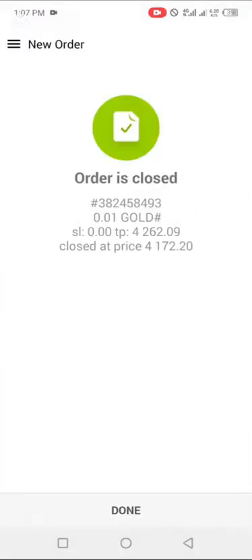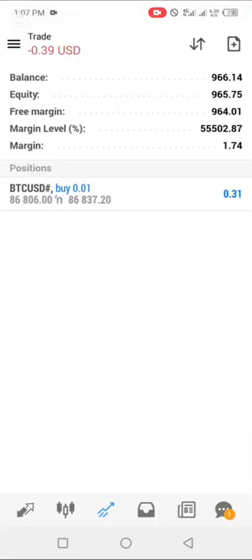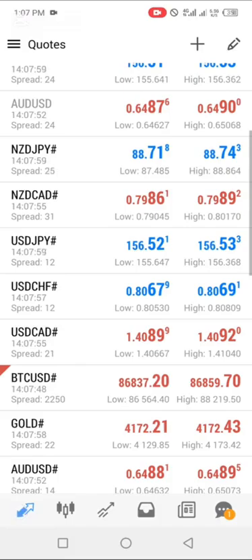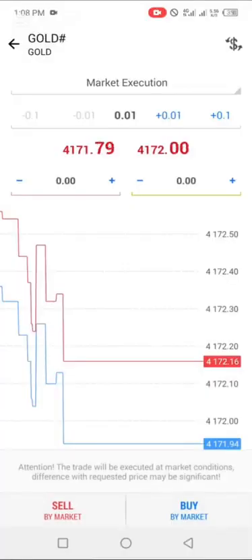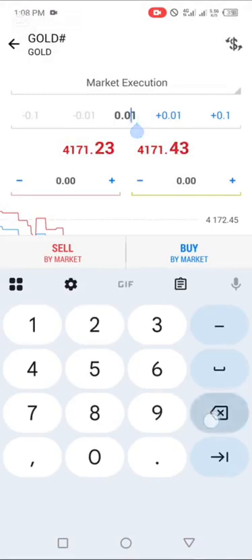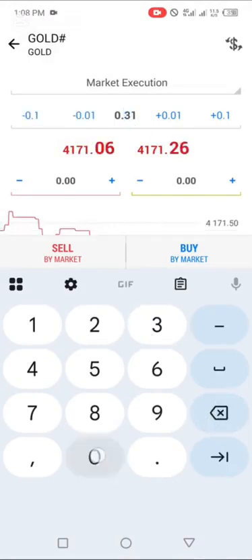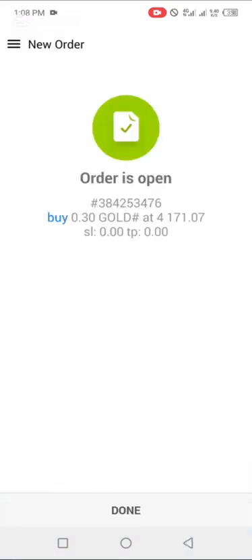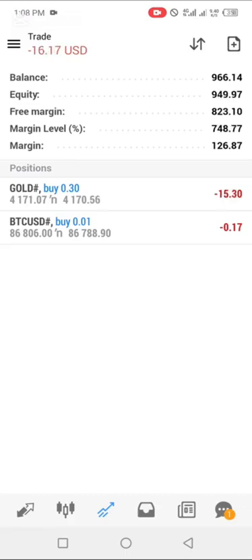Oh, sorry, I mistakenly closed that. But let's just buy more gold. Since we are targeting a high and we are nowhere close to that high, let's buy 0.3. Don't forget it was 0.01. So now we are multiplying that, and then we are buying 0.3.